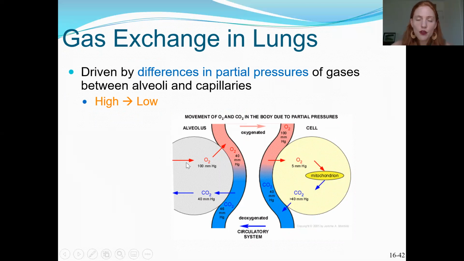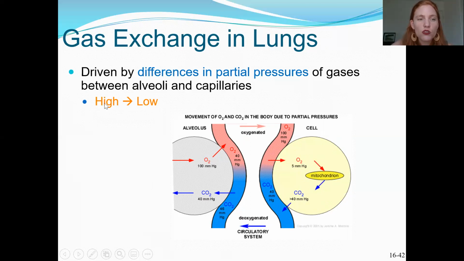In the alveoli, you have your air, so you have a total pressure. But when you're looking at the movement of the molecules, they're only going to be concerned with their very own partial pressure. Okay, so for example, oxygen. This oxygen is always going to move from high to low. It's not looking at the total pressure of all the molecules, just its very own gradient.